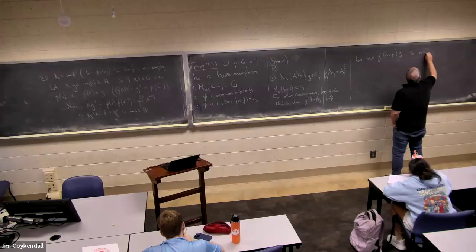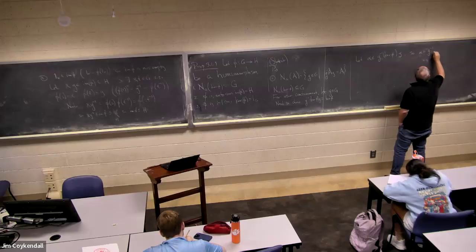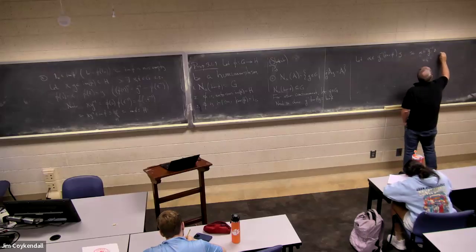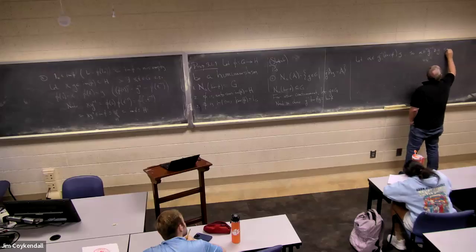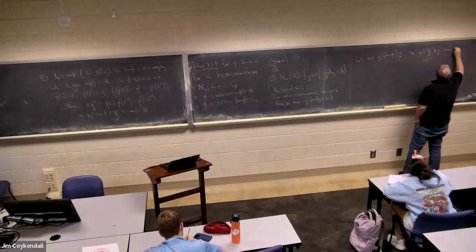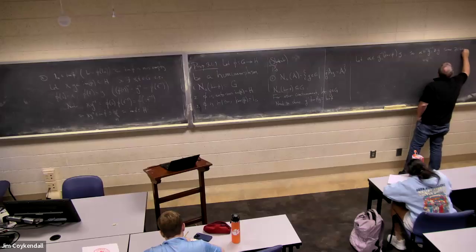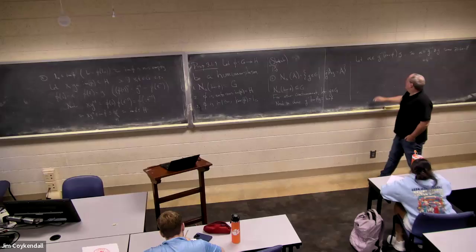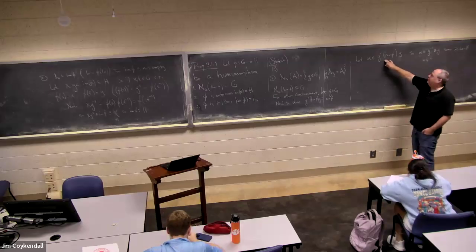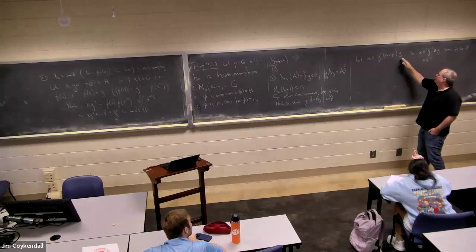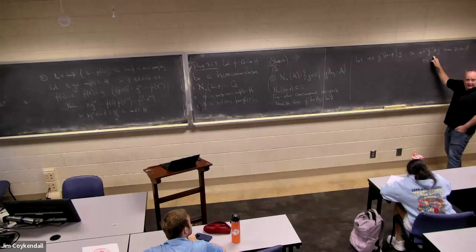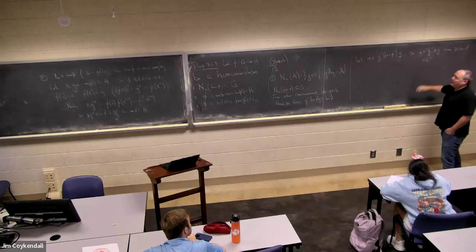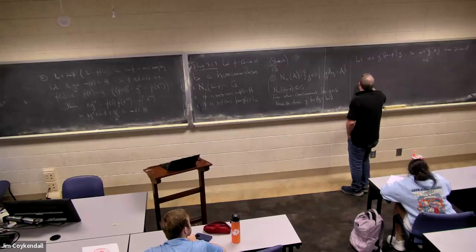So alpha is equal to g z g inverse for some z in the kernel. That's what it means to live in this set. Now apply phi to this.